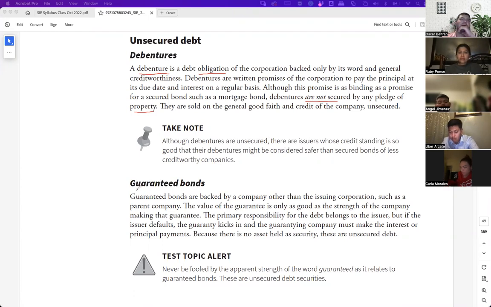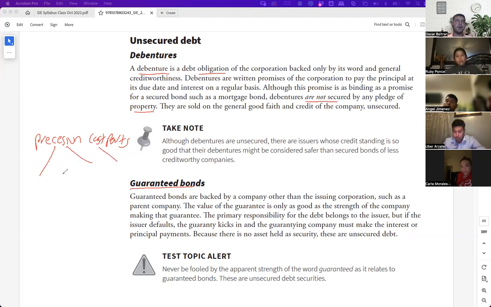All right, so here we have guaranteed bonds. Guaranteed bonds are backed by a company other than the issuing corporation, such as a parent company. A great example of that is Precision Castparts. Precision Castparts is a big manufacturing company all over the United States, and they have different manufacturing companies throughout the states, but they're all partners of Precision Castparts because they own these different small companies.